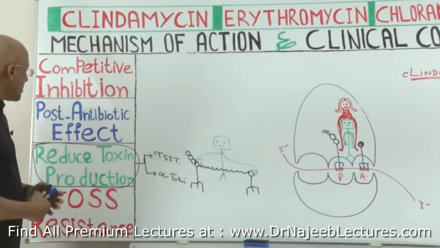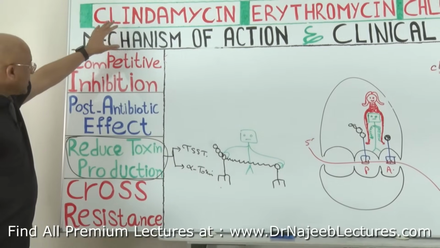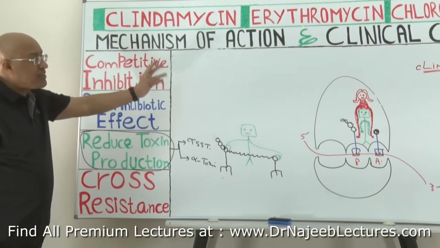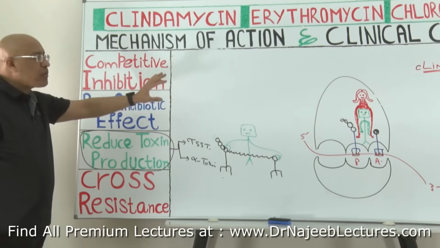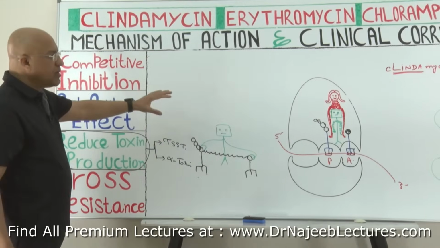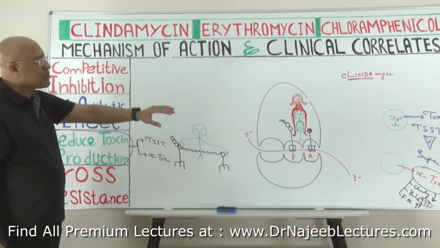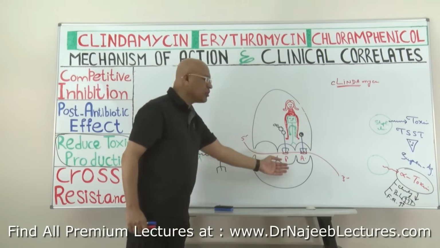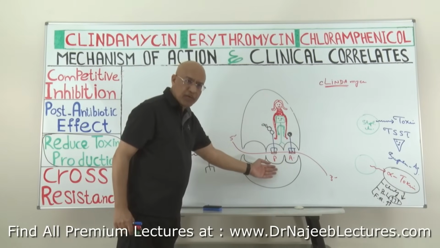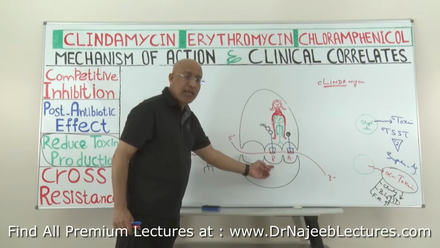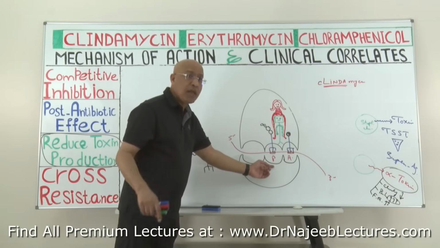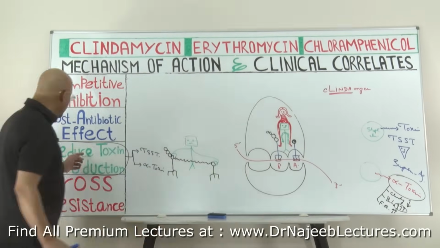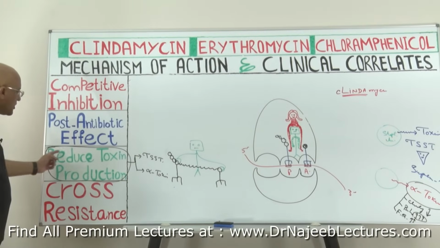So, we have talked about how clindamycin can lead to protein synthesis inhibition, and this protein synthesis inhibition will eventually lead to reduced proteins and distorted proteins, which will result in many actions. One action I told you, it may reduce proliferation of bacteria, bacteriostatic action. In heavy doses in some bacteria it kills them, bactericidal action, and very important, one action was what?